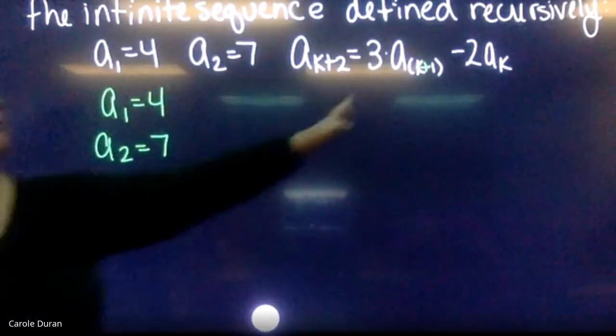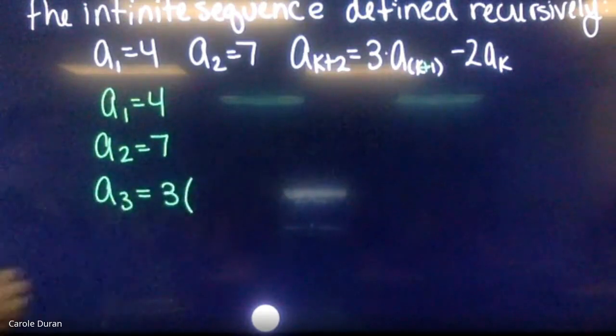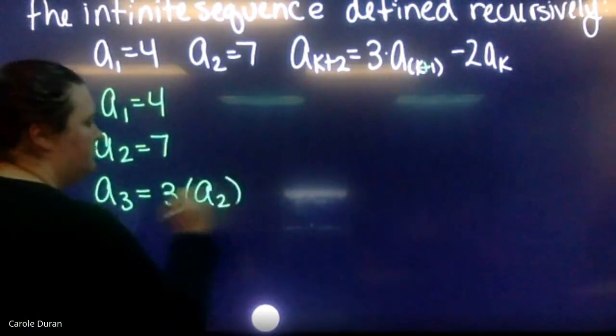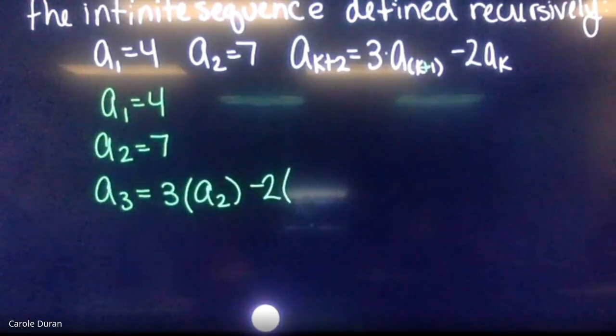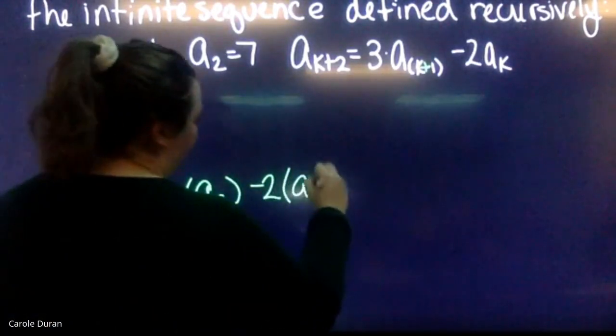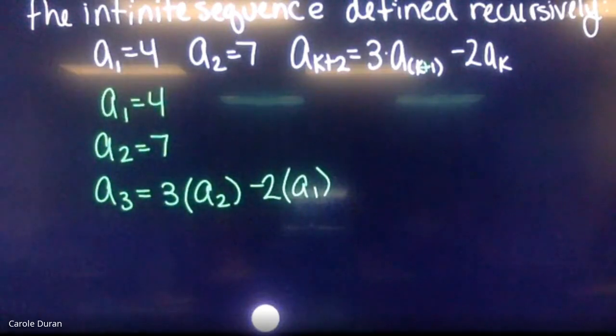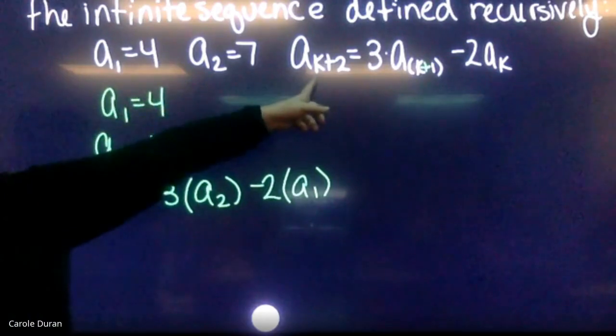So this means the term before, which would be A2, minus 2 times A of k, which is 2 terms back. If A of k is the term before, how is A of k plus 1 the 2? No, A of k plus 2 is what we're trying to find.